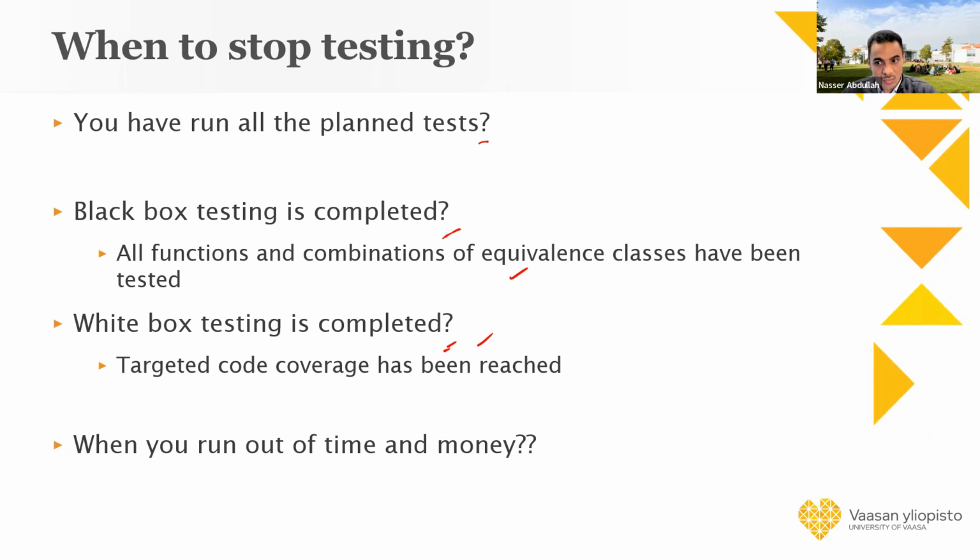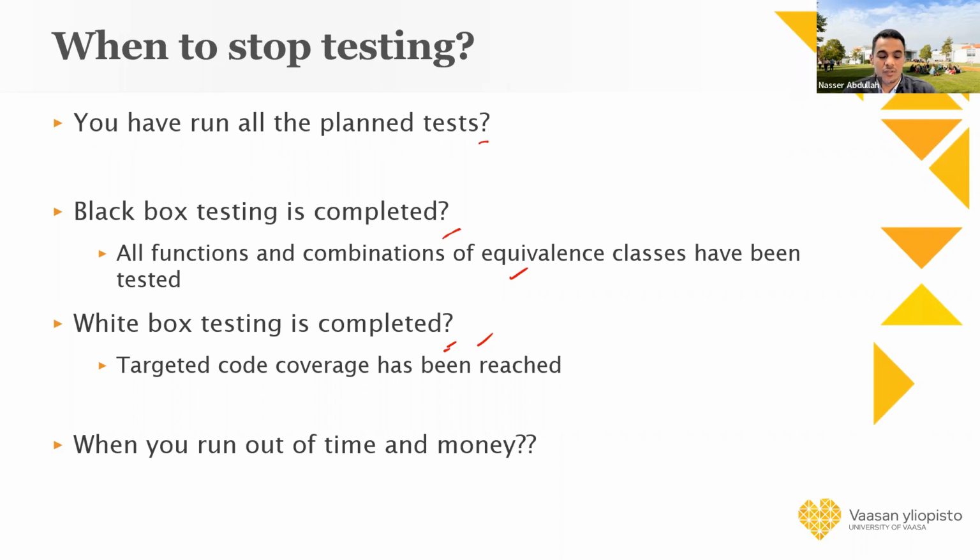So it's really quite difficult to say I have to stop or the testing process is now completed. We just have some methods that can help to say, now maybe I can stop, or maybe I have to increase the amount of testing in this module or this area.